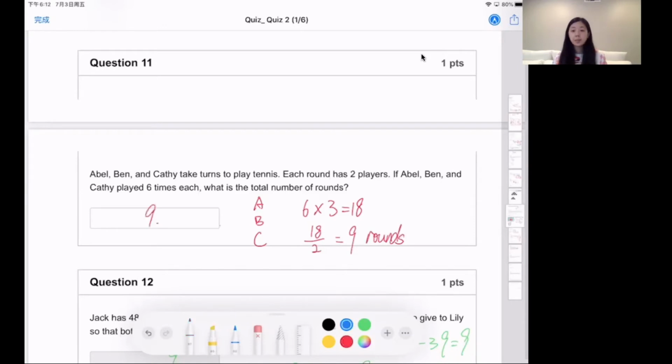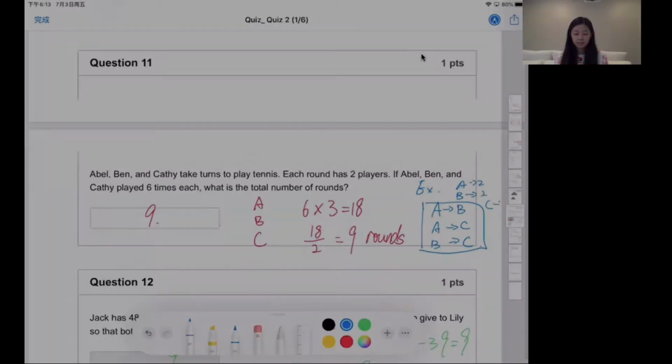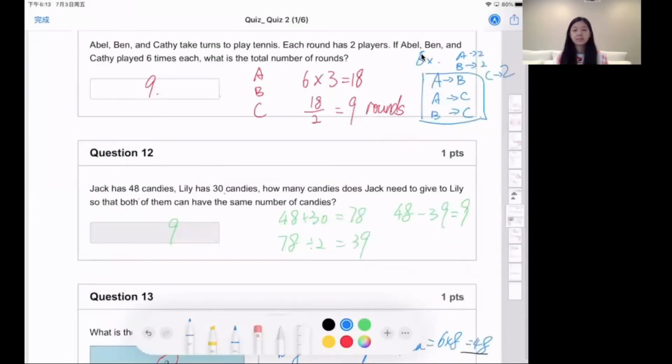For example, let's see how they played, okay? A plays with B, A plays with C, and then B plays with C, okay? So if you ask each of them, they will tell you they played twice, right? A twice, B twice, C twice, too, right?